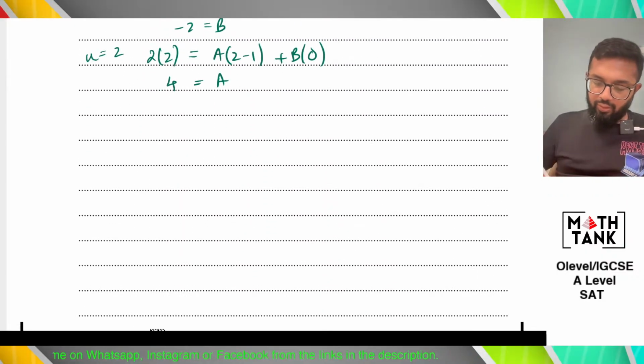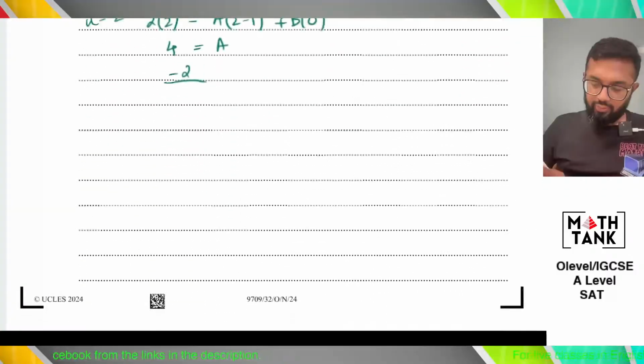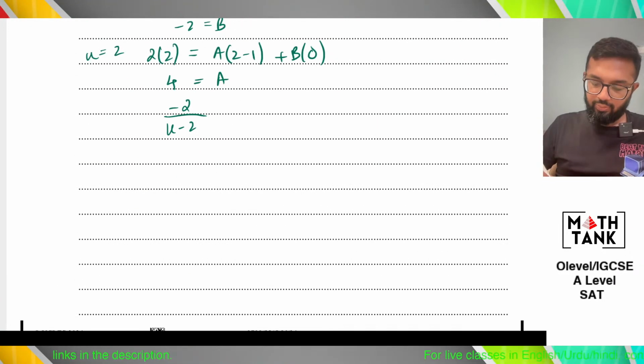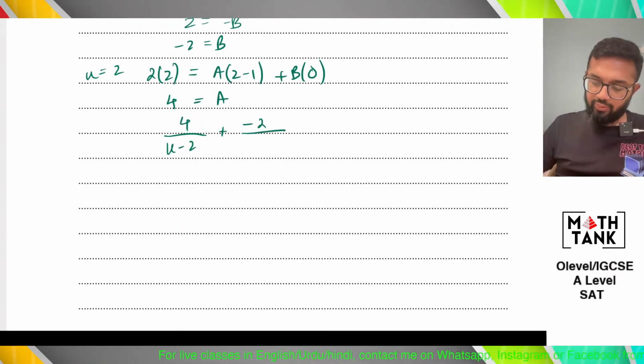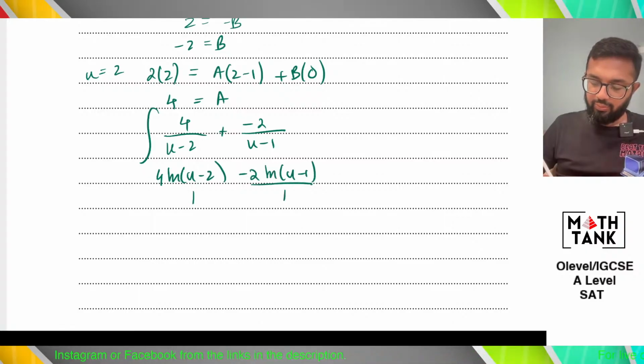Yeah. Okay. So, no sorry, 4 over u minus 2 plus minus 2 over u minus 1. So 4 ln of u minus 2 minus 2 ln of u minus 1. Both of these are divided by 1.